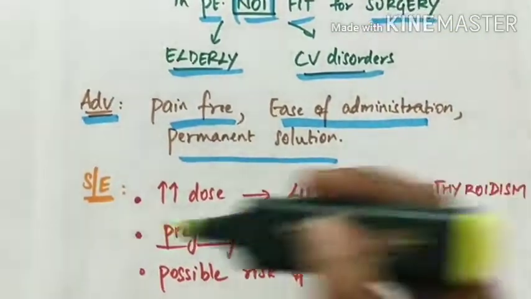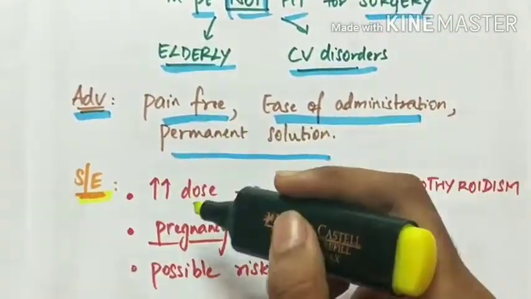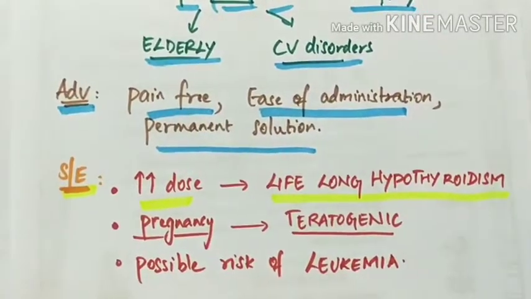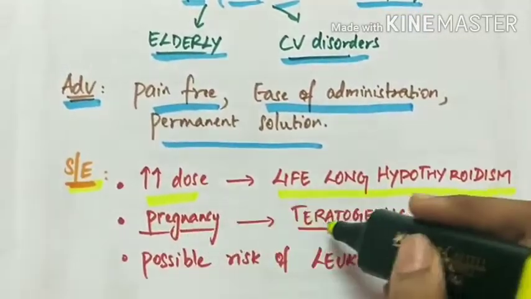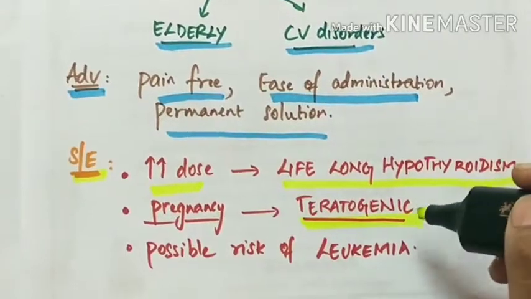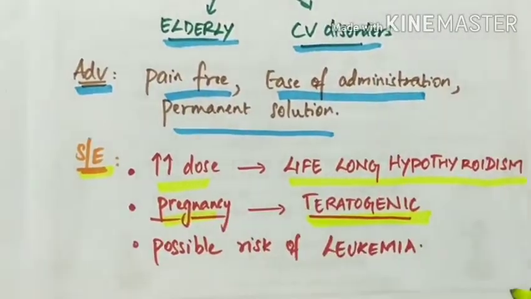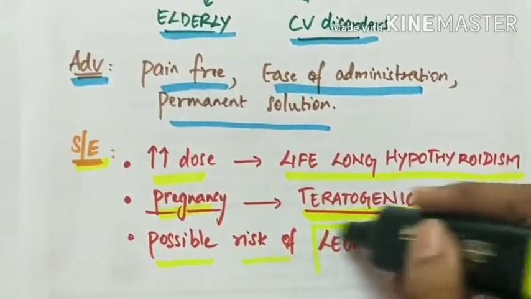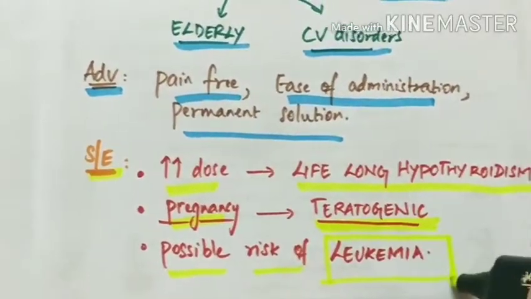The side effects of radioactive iodine include, in increased doses, lifelong hypothyroidism, and it is teratogenic, so it should not be used in pregnancy. And it also has a possible risk of leukemia, that is blood cancer.